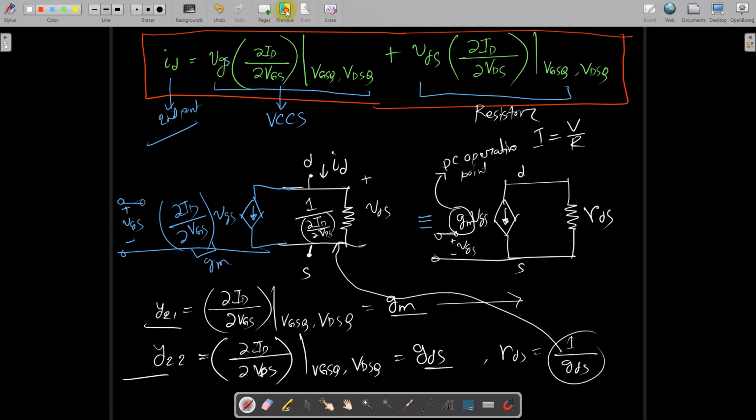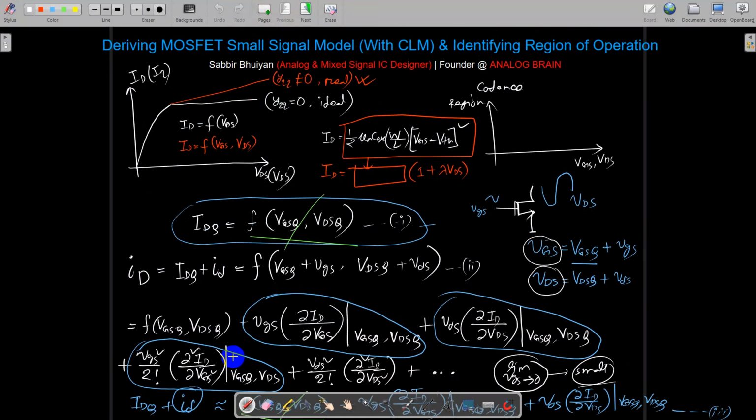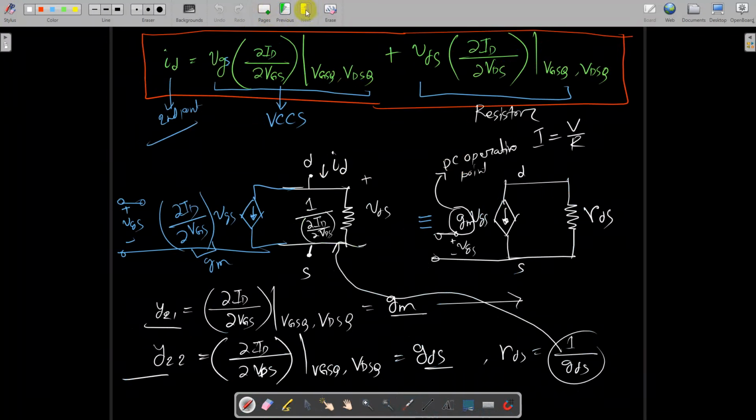In the previous page, we said that our linear term, VGS dou ID dou VGS, is greater than all of the higher order terms, and we can just ignore the higher order terms. So now we will work on this and see what constraint will help us to ignore all of the higher order terms. So let's see.